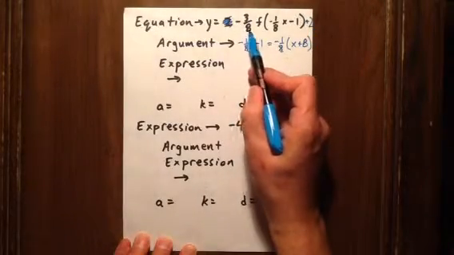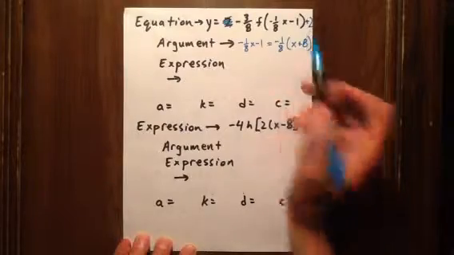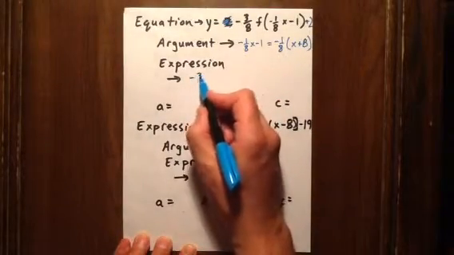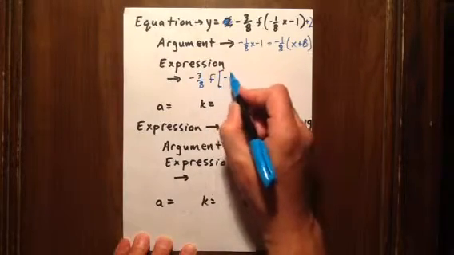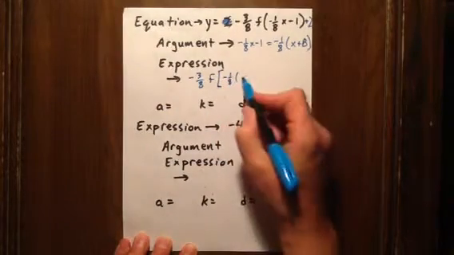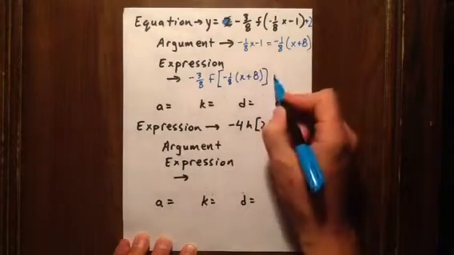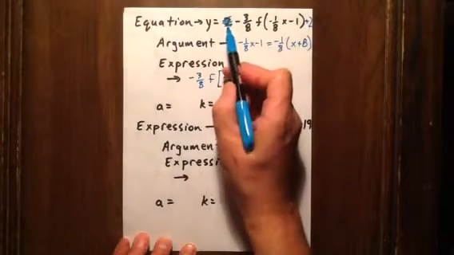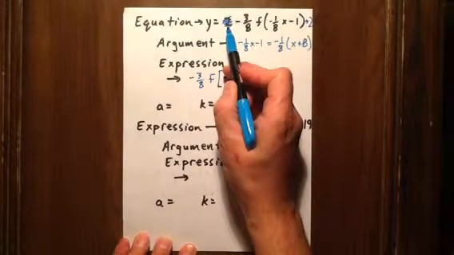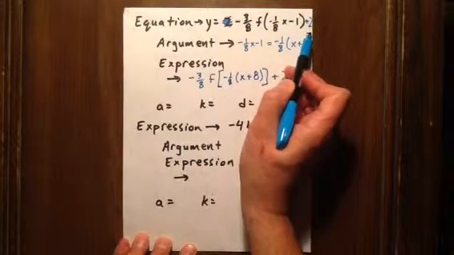I've got negative 3/8 f of negative 1/8 x minus 1 plus 2. So again, here's my expression, negative 3/8 f of negative 1/8, open bracket, x plus 8, plus 2. Okay? So we took that additive term, moved it to the end where we can kind of see what's happening.